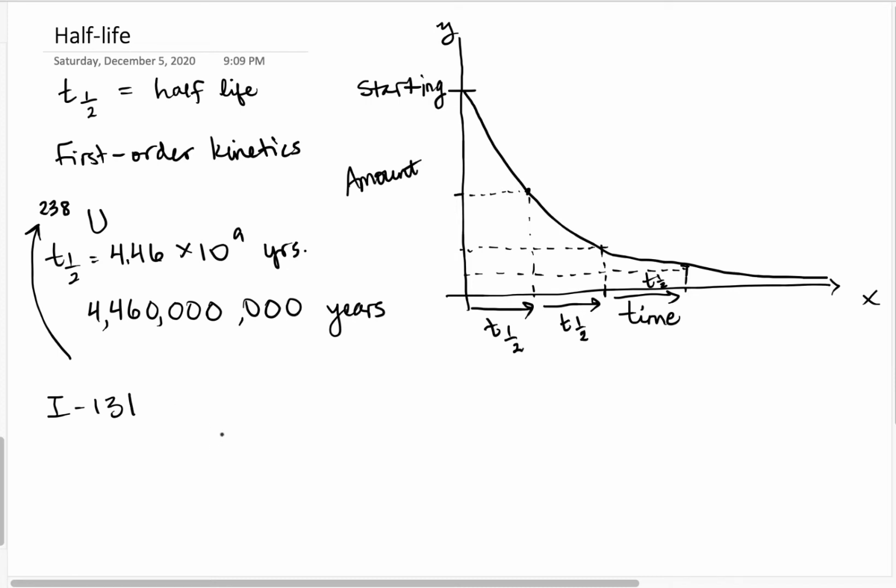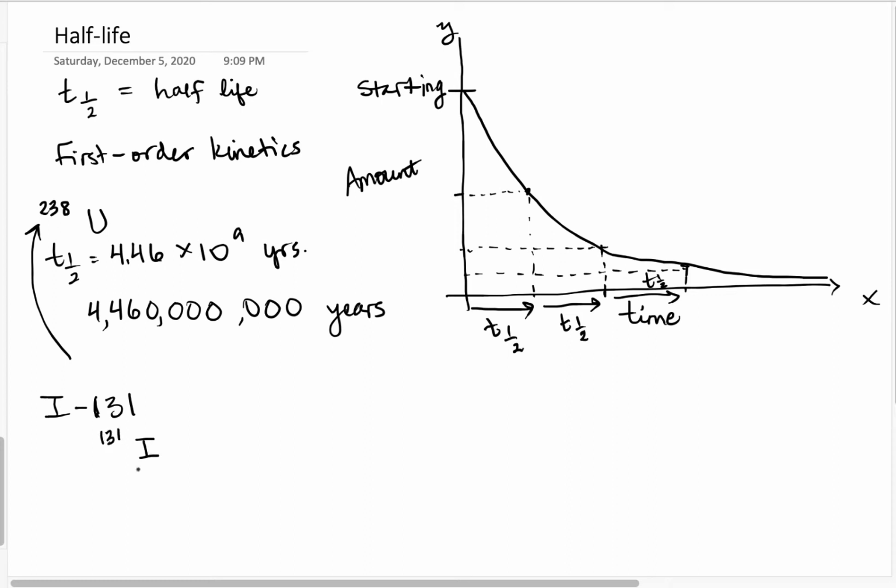It's actually used to treat cancer in the thyroid, and this is because iodine is concentrated in the thyroid, so if you treat it with this iodine-131, the body will naturally concentrate the iodine in the thyroid where it can presumably kill the cancerous tissue and not be terribly problematic in other places around your body.